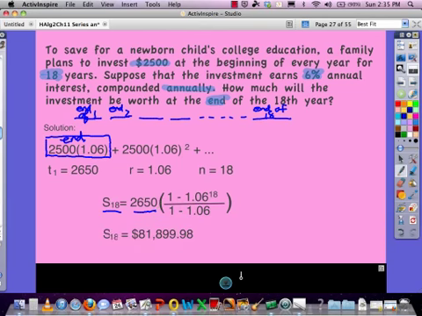With that, doing the math, we'd come out with about $81,899.98. So after 18 years, that child's college fund would be in the range of $81,899. That's a nice little chunk of change, considering you weren't planning on it to begin with.